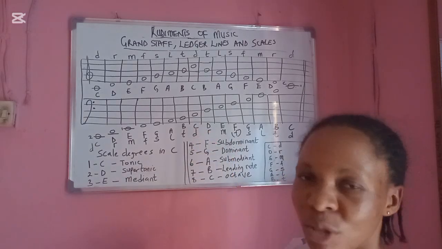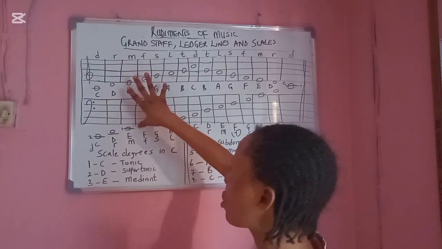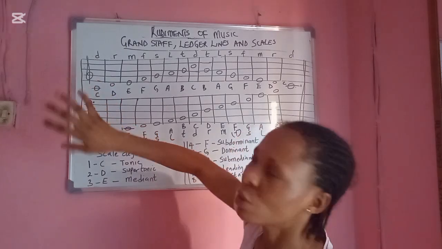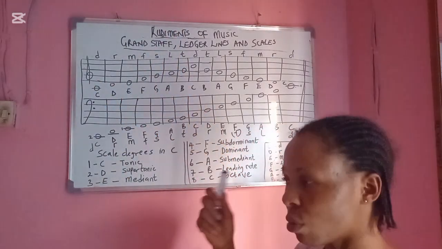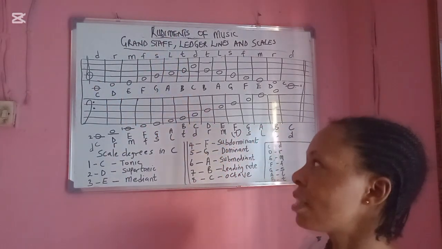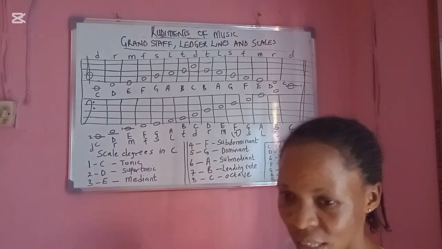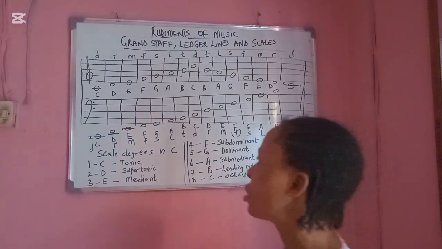Otherwise I would have used one staff for today and another one for tomorrow. But whatever the case may be, I'm going to explain it and make it simple for everyone to understand.